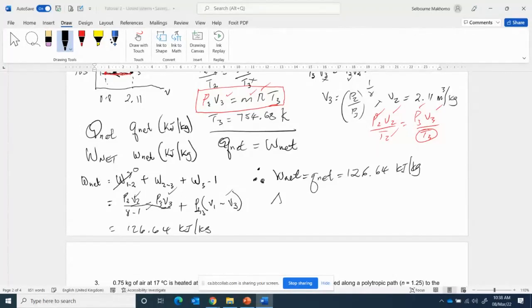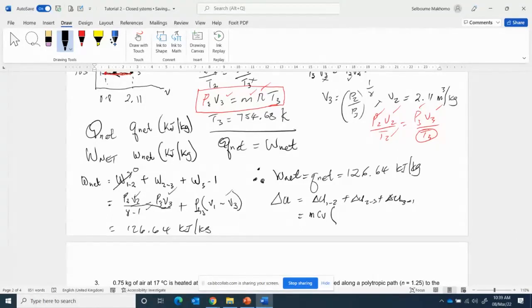You say delta U is going to be delta U between 1 and 2 plus delta U between 2 and 3 plus delta U between 3 and 1. So we said delta U is the same for all the formulas except isothermal. So we say m Cv, bracket.